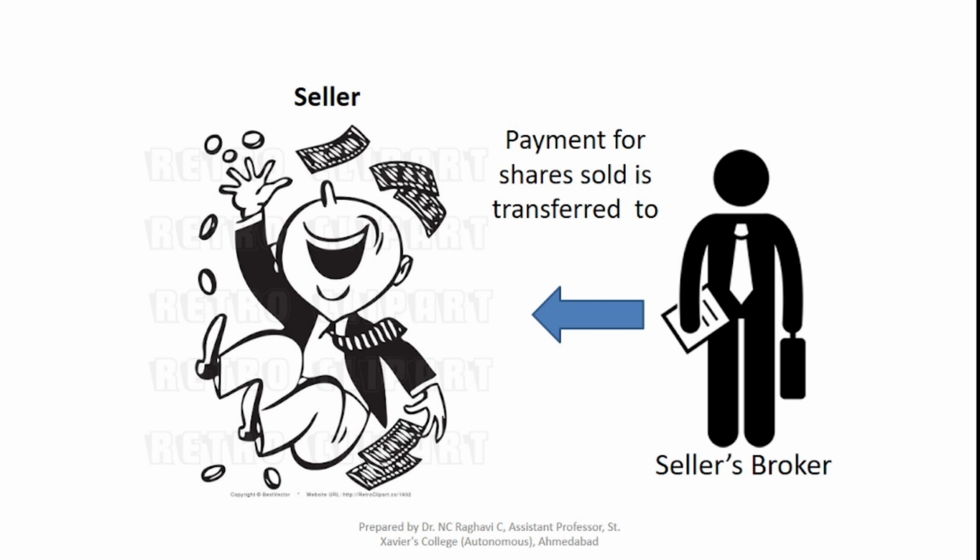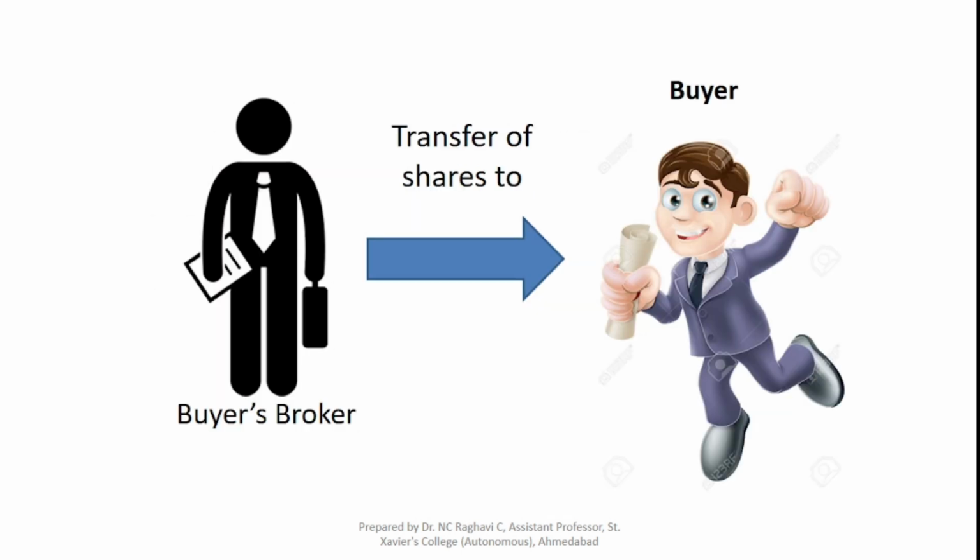The seller's broker transfers the money to the seller, and the seller is very happy because he receives the money. Similarly, the buyer would be receiving the shares, so he is also happy. So the buyer's broker receives the shares in his account and he transfers the shares to the buyer.